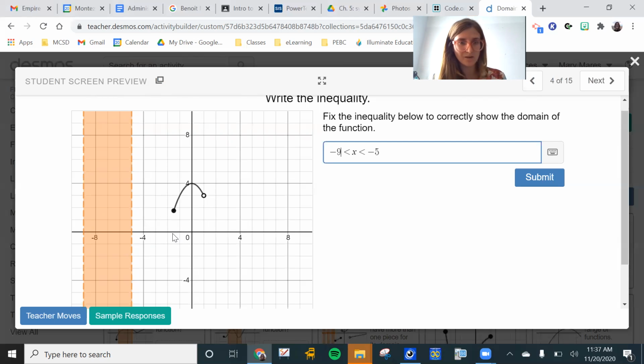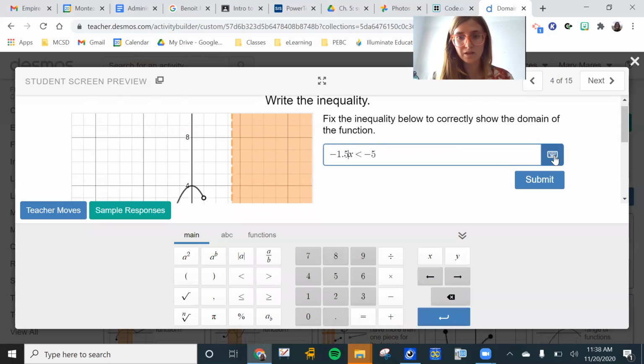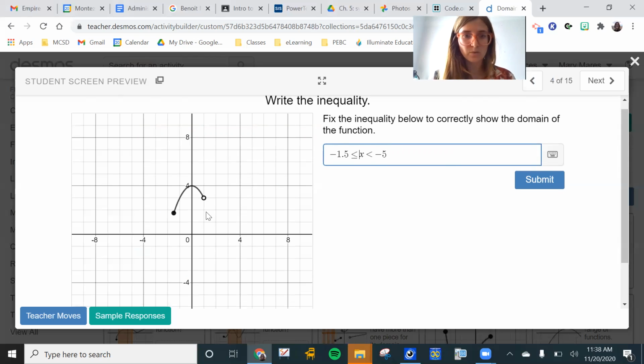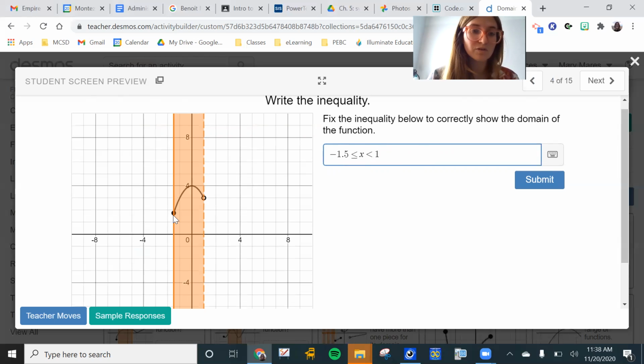So this is between -1 and -2, so about -1.5. -1.5 is less than or equal to x, which is less than 1. So again, I use the less than or equal to when there's a filled in dot, and I use just the less than when there's an open dot.